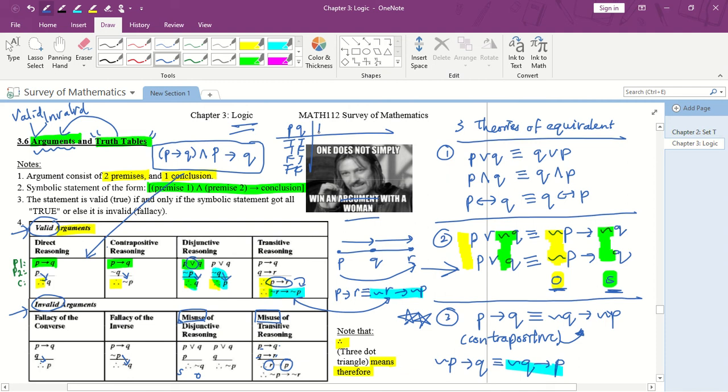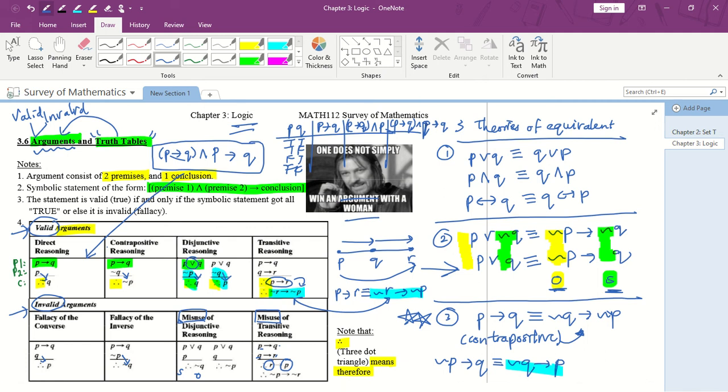First we will find P to Q, then we will find P to Q and P, which is the whole thing here, and then we'll find the last one, P to Q and P, to Q.